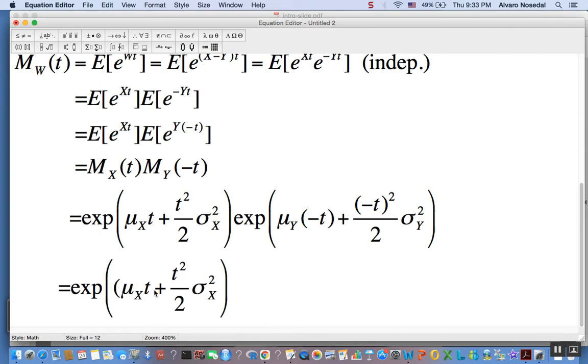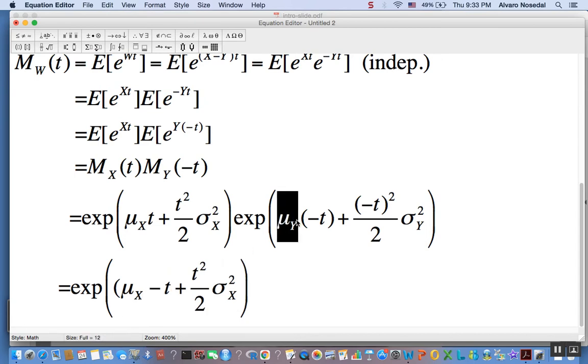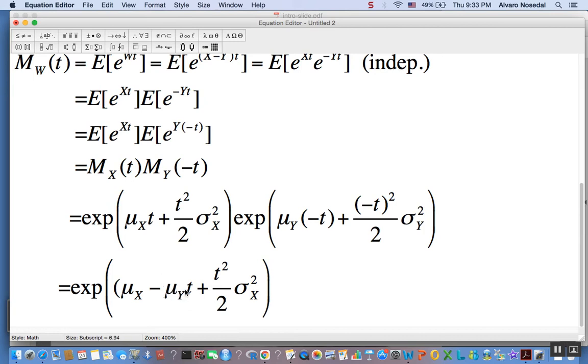So I'm going to have mu sub x minus mu sub y times t, right? That's the same as these two guys. Now minus t squared is the same as t squared, right? So t squared divided by 2, that's a common factor, and now what I have here is plus that guy.